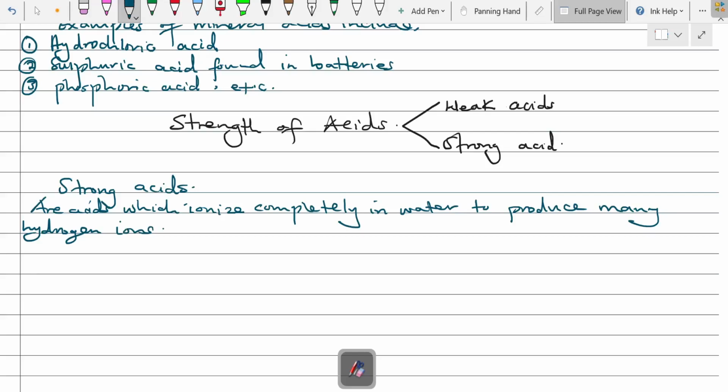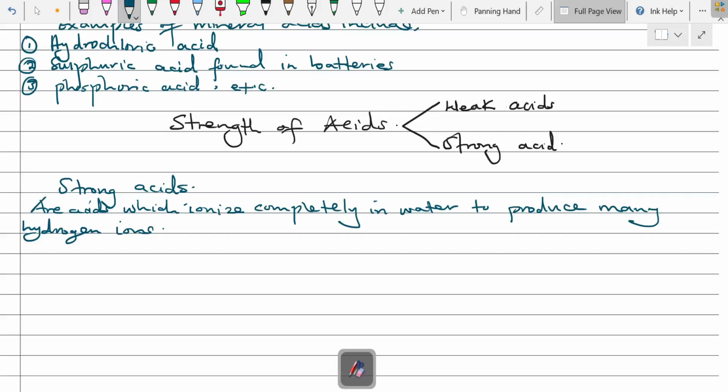So these acids, for them, they do ionize completely, and the ionization is simply the production of the ions. We have added it into the water. This acid has to dissociate or ionize to separate the ions, the positive and the negative ions. So a strong acid is that one that completely ionizes in water, producing many hydrogen ions.